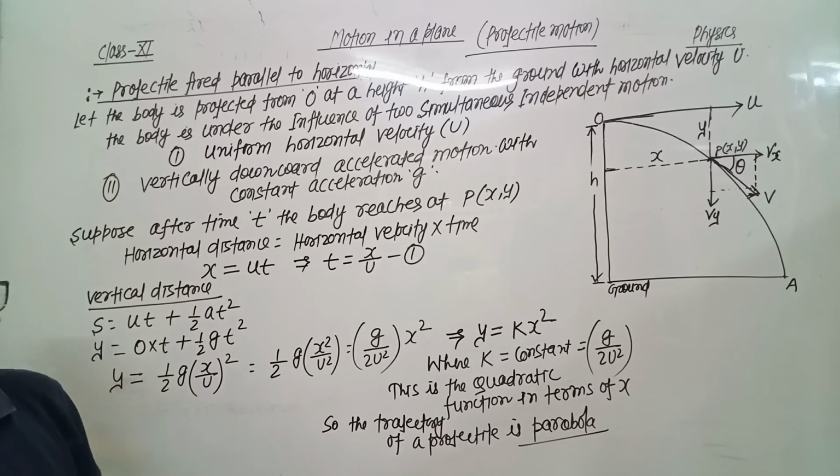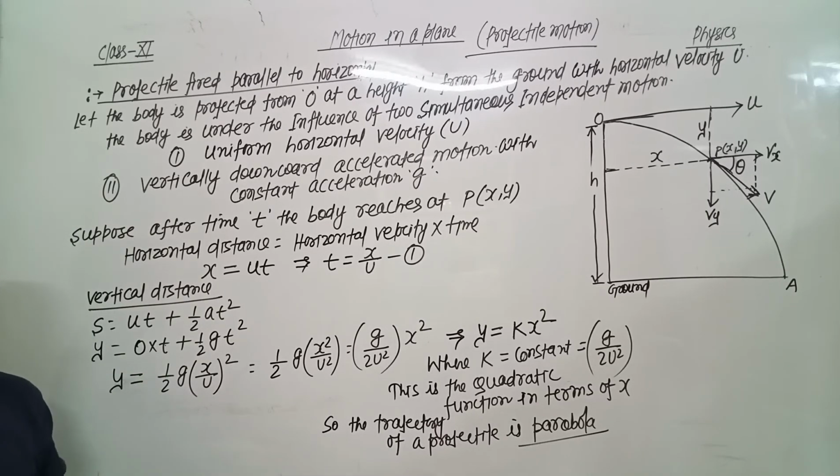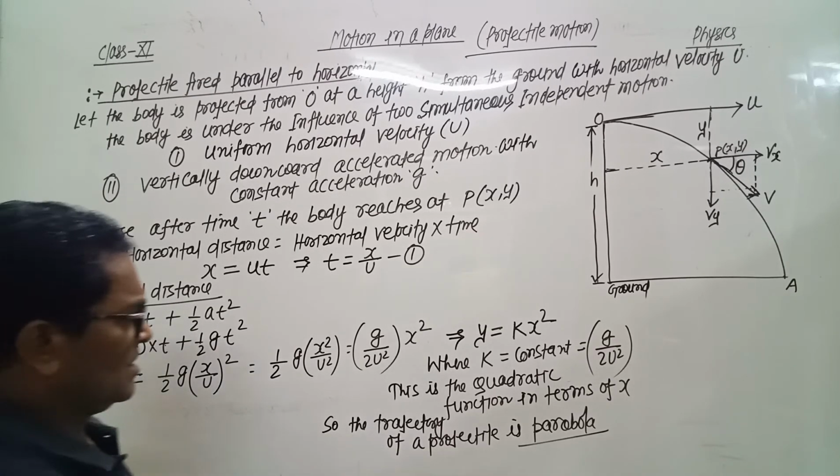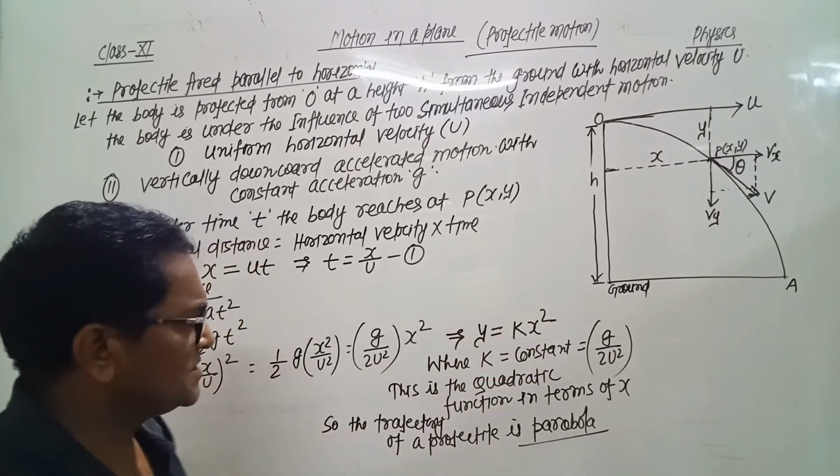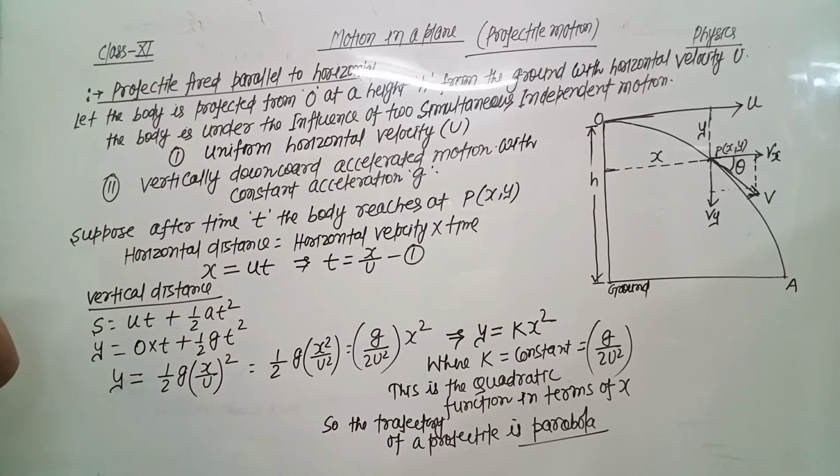So the trajectory means the path covered by the body is called its trajectory. So the trajectory of a projectile is a parabola. So y is a quadratic function in terms of x, means we conclude that the path which the projectile traced, which is called trajectory, is a parabola.